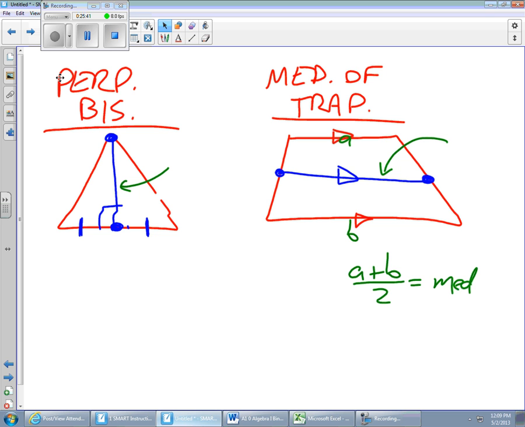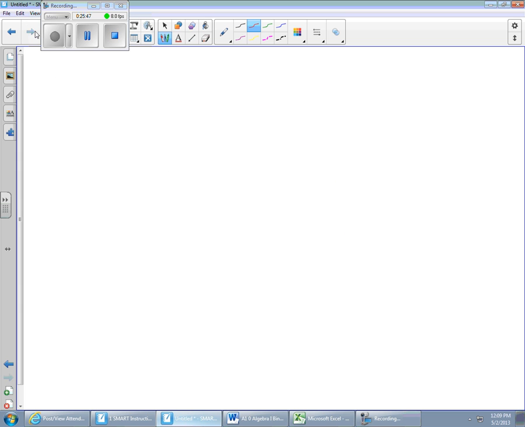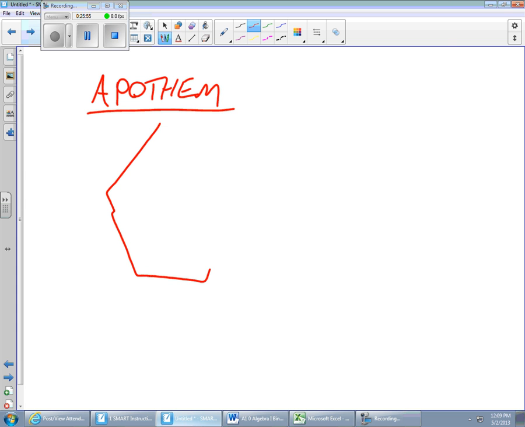The next term I am looking at is apothem. Okay, so apothem. Apothem typically only shows up in what we have come to know as regular polygons. Regular polygons could be a regular triangle, a square, a pentagon, a hexagon, whatever.